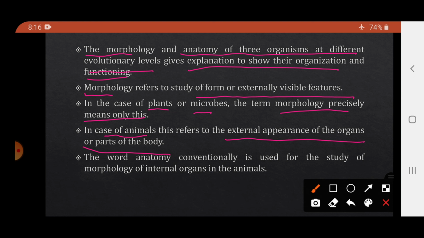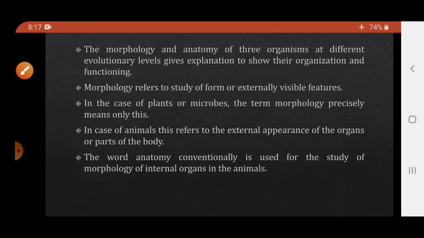But liver is a part of the body और उसको जब study करते हैं, जब उसके external features को study करते हैं, that is also called as the morphology. जबकि plant में सिर्फ बाहर के stem, root और leaf को सब बोलते हैं, लेकिन animals में it refers to the external appearance of the organs and part of the body. When I say organs, it indicates both external as well as internal organs. Whereas the word anatomy conventionally used for the study of the morphology of the internal organs in the animals.